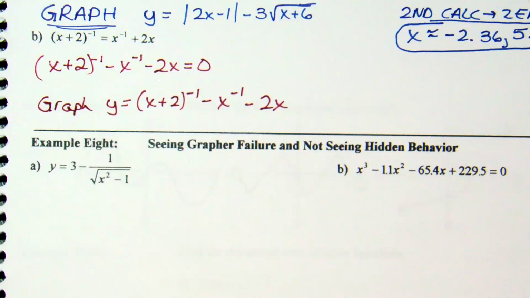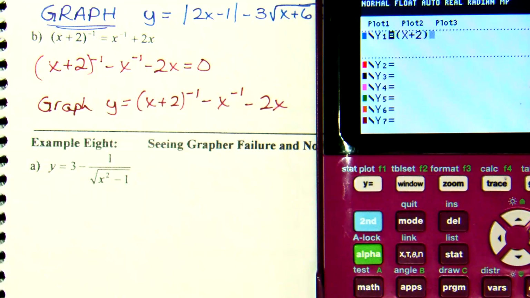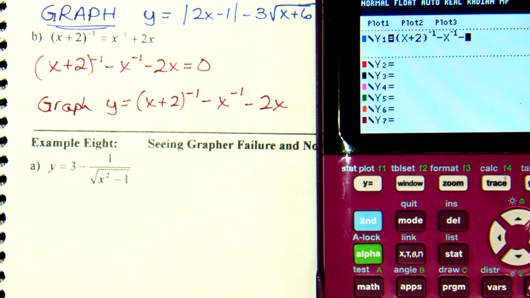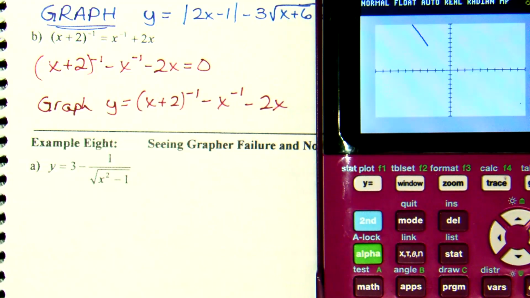I did that. It'll give you an error, I can guarantee it. Okay, parentheses, x plus 2, parentheses. I'm going to use my exponent button, raise to the -1, minus x to the -1, minus 2x.